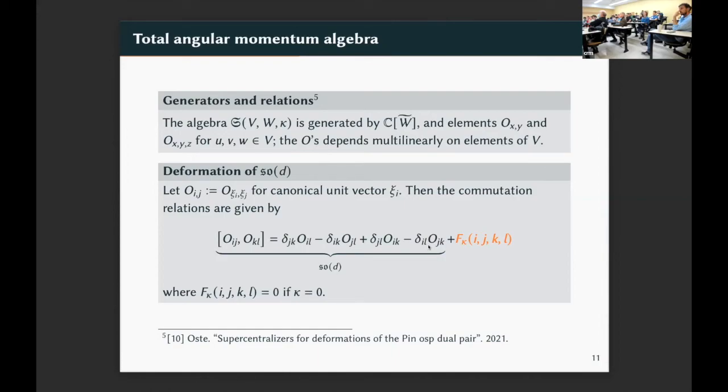By deformation, I mean if you look in our algebra S and you only look at those elements, you get SO(d) plus a certain term, and this term goes to 0 if your deformation is 0. So if kappa is 0, if your group is trivial, this deformation goes to 0 and you get back this SO(d) inside the symmetry algebra.